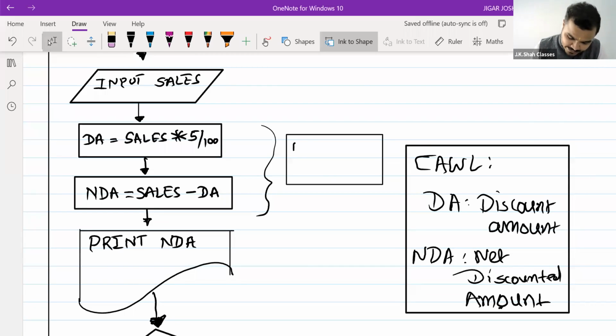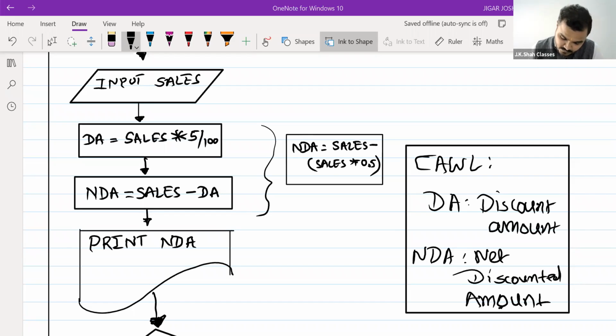Suppose you write net discounted amount is equal to sales minus, in brackets, sales into 0.5. Then also it's okay, it will be acceptable. Understood? No need to write any presumption notice over here.